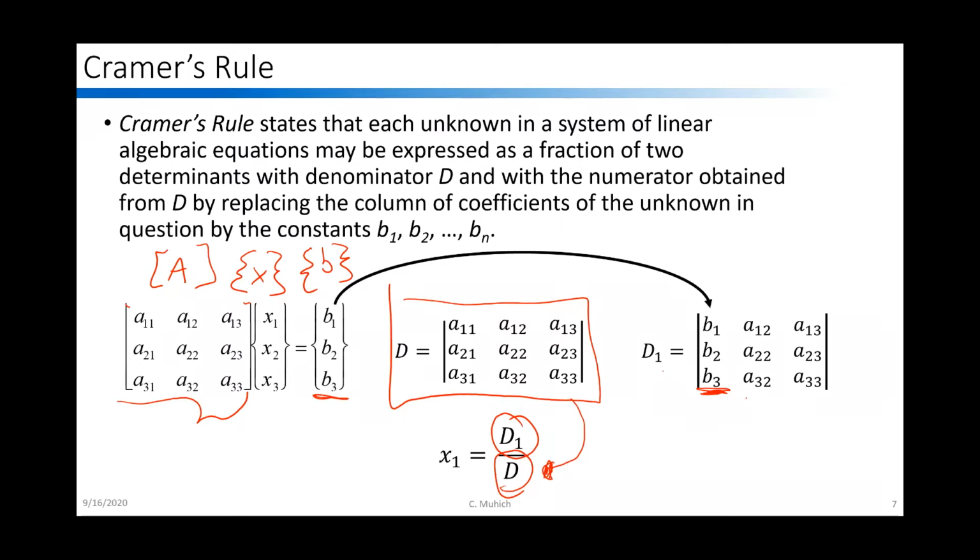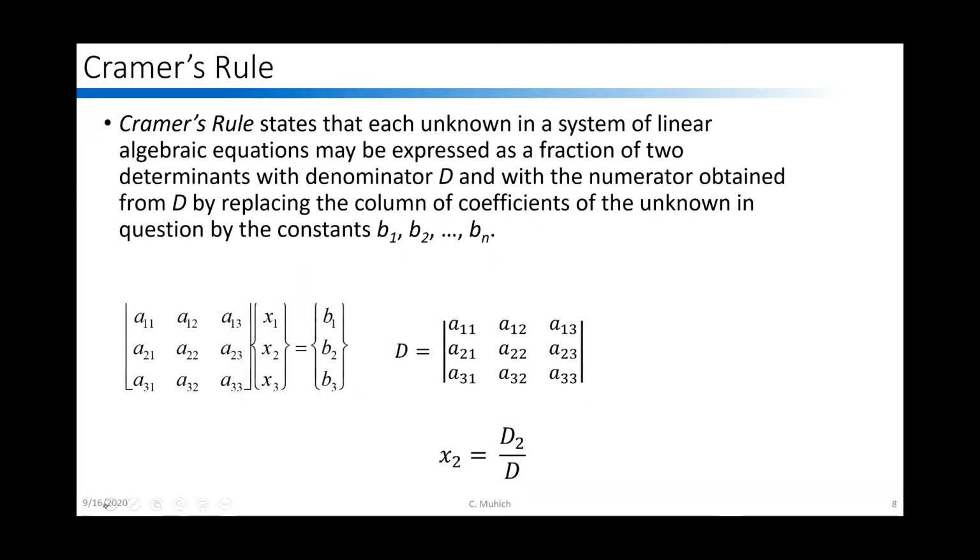How we know that this is D1 is because it's got that 1 there, it's replacing that first column, and this is going to go at the top. And once again, it's for unknown 1.